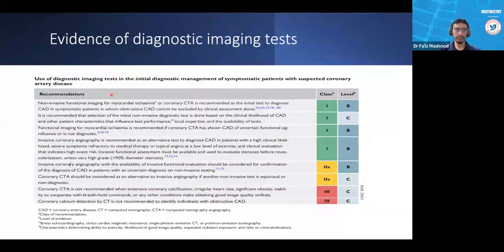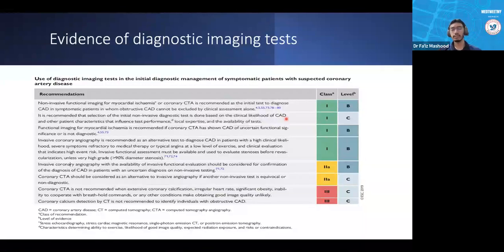The first one we can see here: functional imaging, CTCA or an imaging test is recommended to diagnose CAD if we are unable to ascertain whether the patient has CAD or not based on clinical assessment. It's a class 1 evidence. The second one, non-invasive diagnostic testing is done based on the clinical likelihood of CAD.